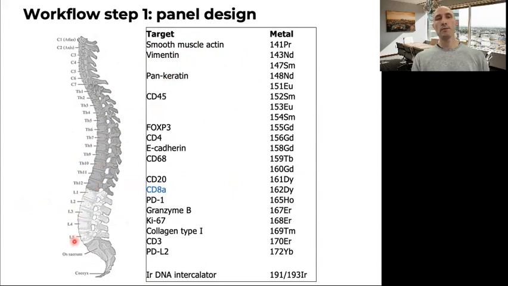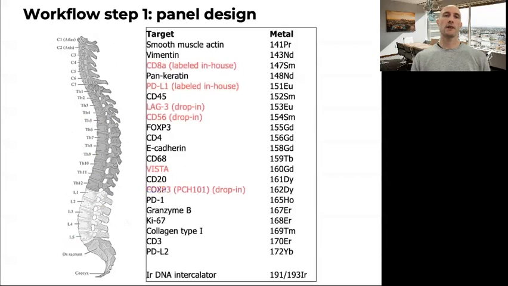We have immune cell markers like CD45, CD4, CD3, CD8, CD68, etc. And then we have tumor markers. We have E-cadherin, we have PD-L1, we have Ki67. So this is our backbone. I would say that regardless of the tumor we're working with, we use the same backbone.